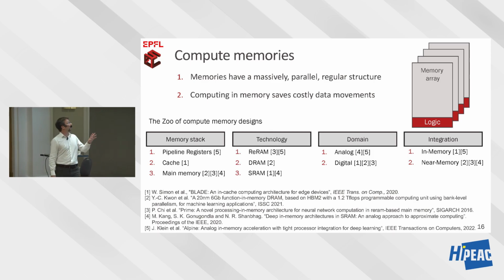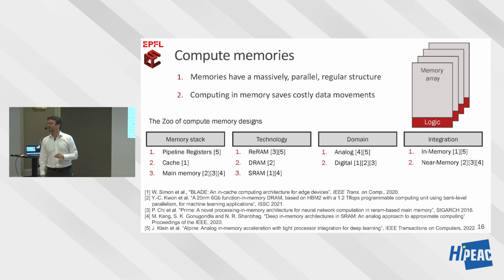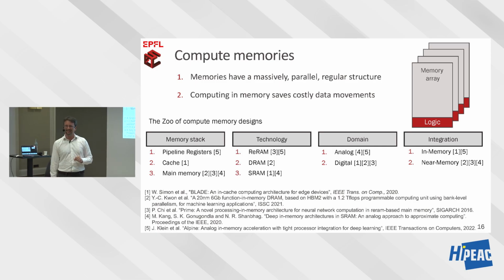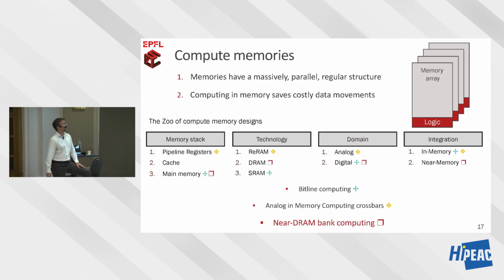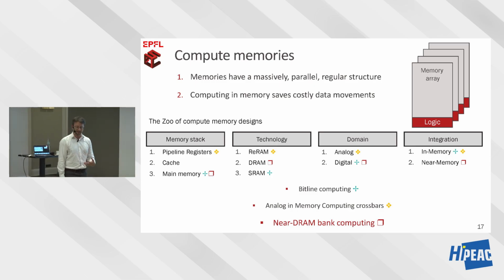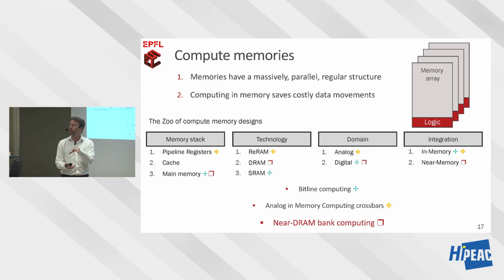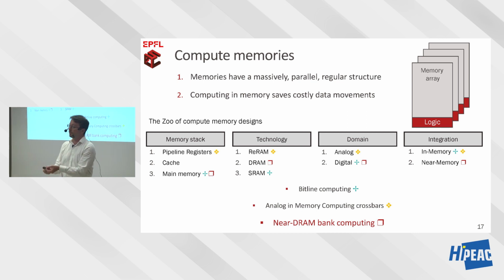I'm now moving on to compute memories, and now I'm very scared because Onuri is actually in the room, but yeah, hopefully it will work out. So, we have seen a number of compute memories already. Actually, analog crossbars are a kind of compute memories, not really what we mean by saying a storage which also computes, but more using storage elements to make a computing machine.